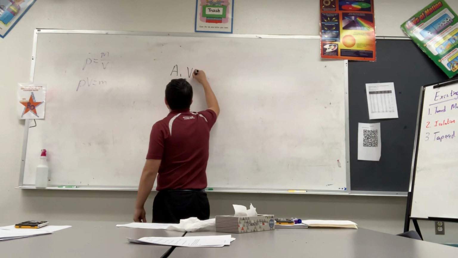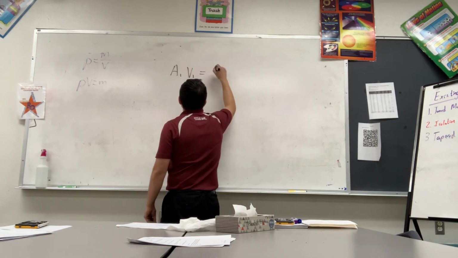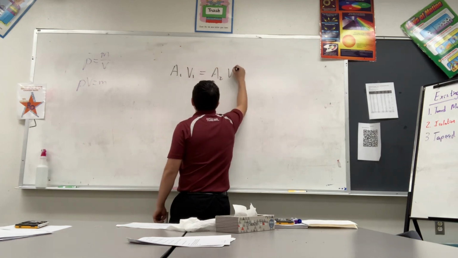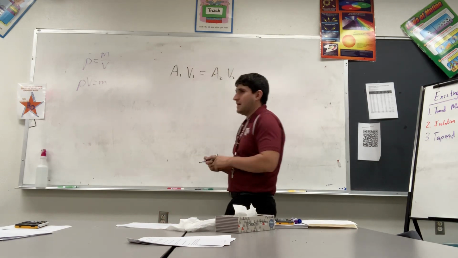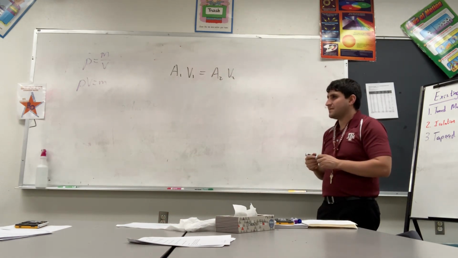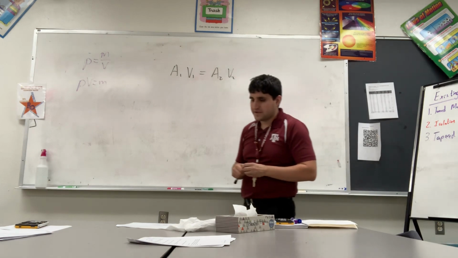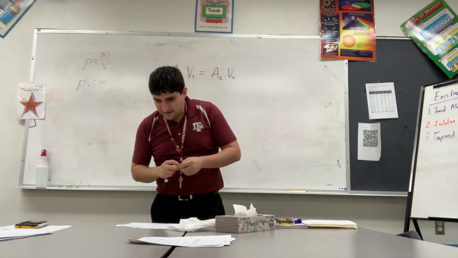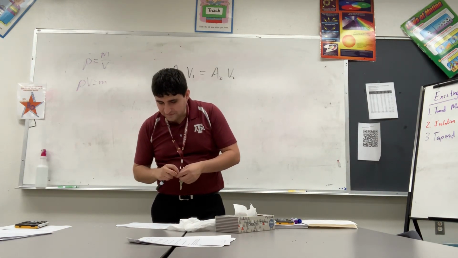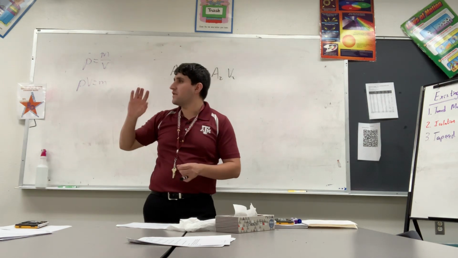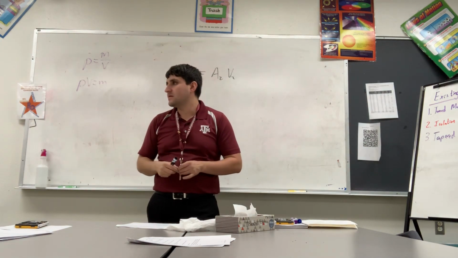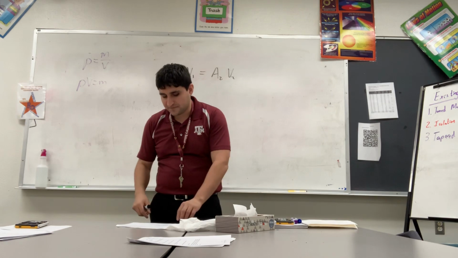A1 V1 equals A2 V2. And what was the typo? I forgot to put at the first end of the pipe. I'm asking about how fast it's going at the beginning, because when it narrows, that's when they tell you the speed.